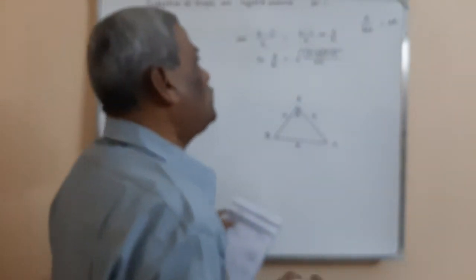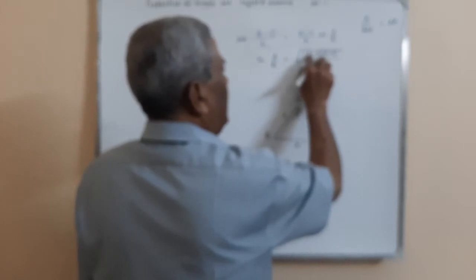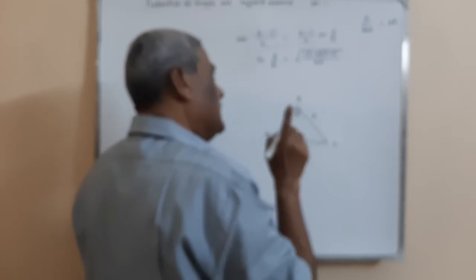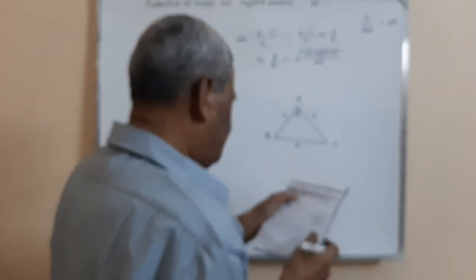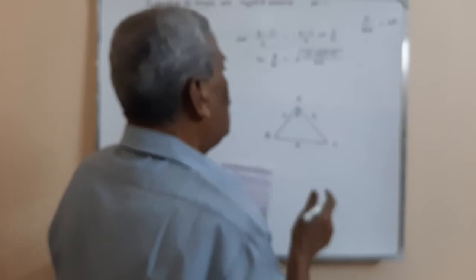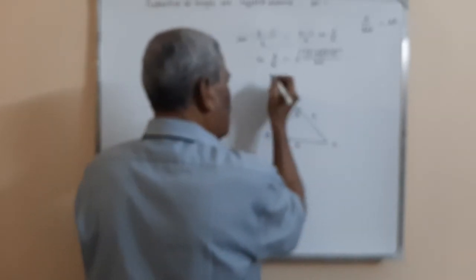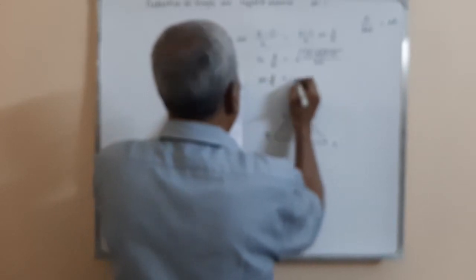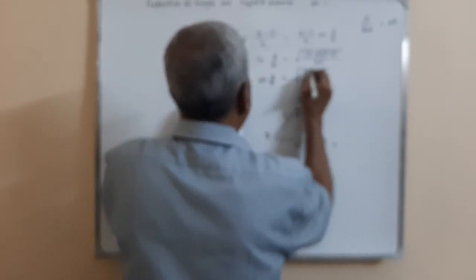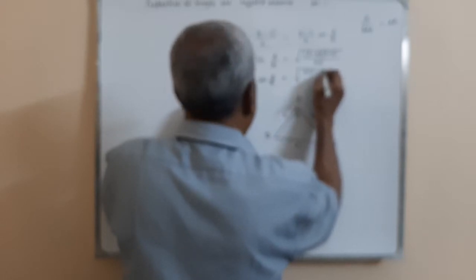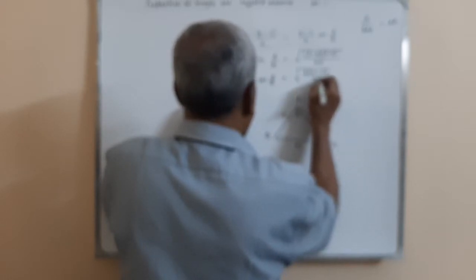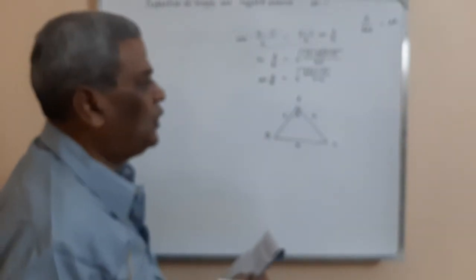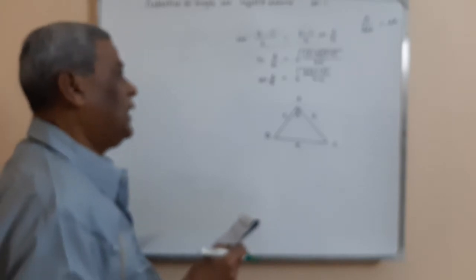Similarly, sine B by 2 will be root over of (s minus c) into (s minus a) by ca, and sine C by 2 also. For the half angle cos formula, cos A by 2 is equal to root over of s into (s minus a) divided by bc. Cos B by 2 is another formula, cos C by 2 another formula.